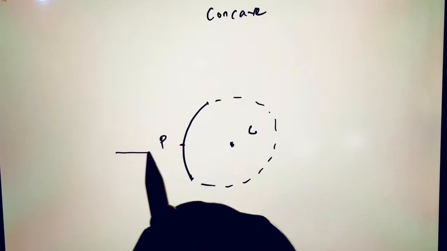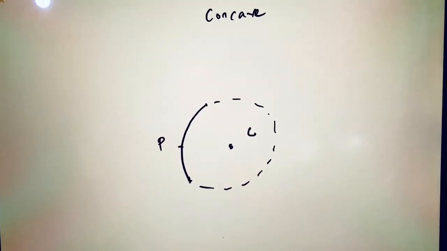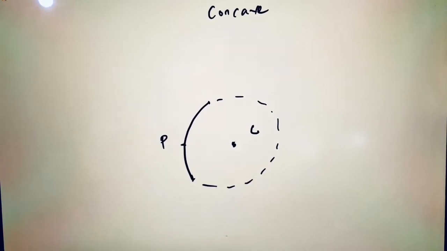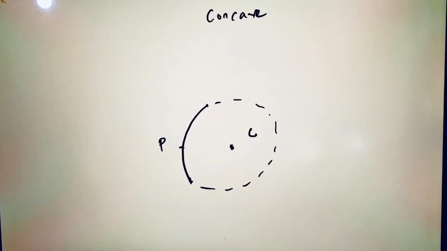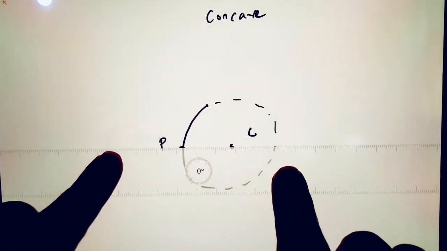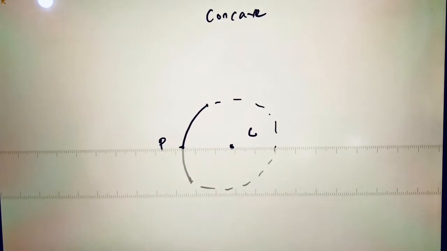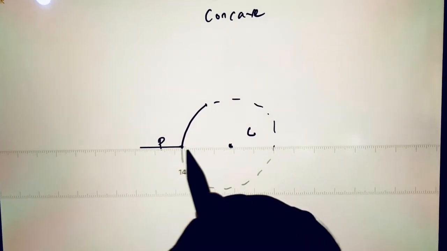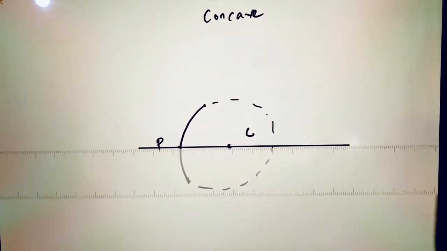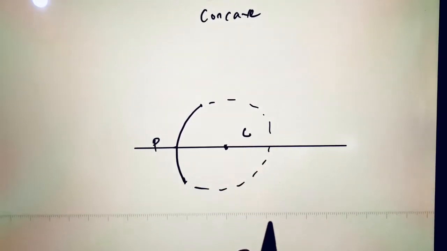And the straight line that joins the pole and the center of curvature is called the principal axis. This is the most important line in a mirror.